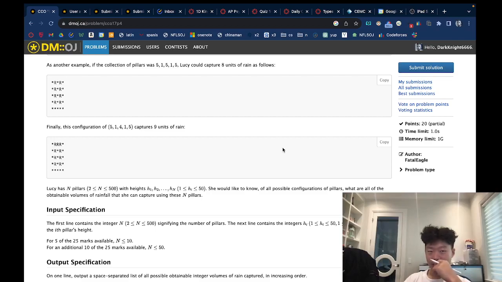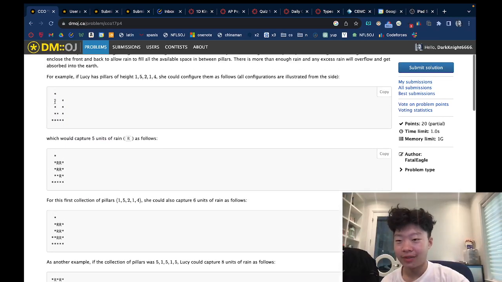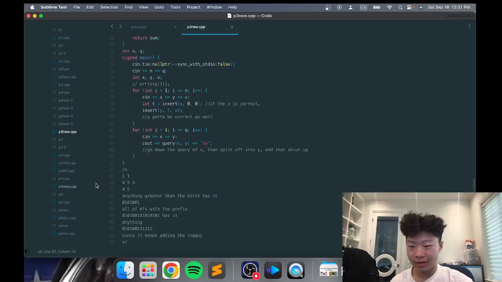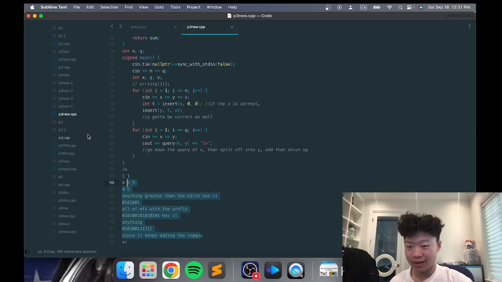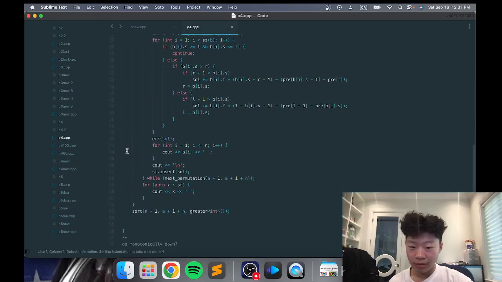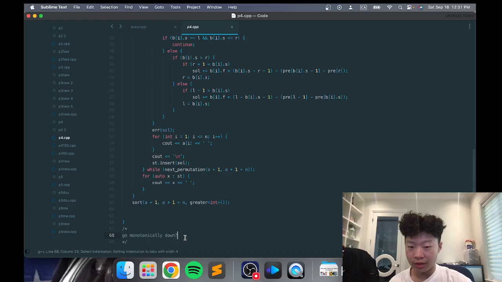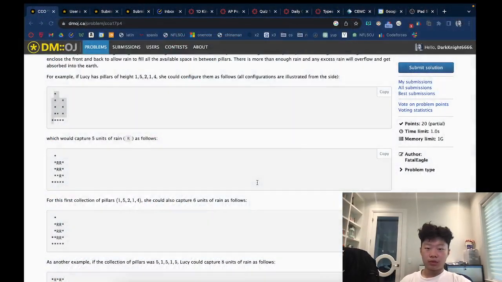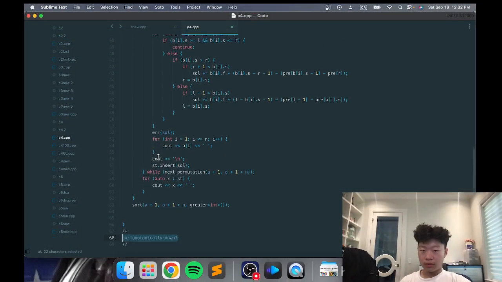how do I even make this observation? I don't know. Something has to click in your brain, and you make this observation that if you go from the highest type, and keep adding, go monotonically down. Yeah, I had an observation.